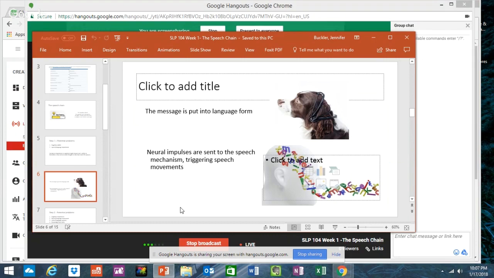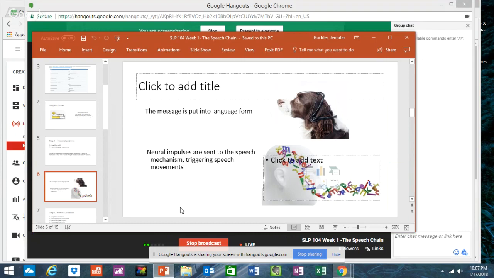Once the message is formed into language, the motor strip in the brain has to then decide how to formulate the sounds that make up the message and send the neural impulses from the motor strip in the brain to the actual speech mechanism, which involves the vocal folds, the diaphragm, the exhalation of air, the articulators of the mouth, the lips, the tongue, the teeth, the velopharyngeal port, that piece that closes off the oral cavity from the nasal cavity.